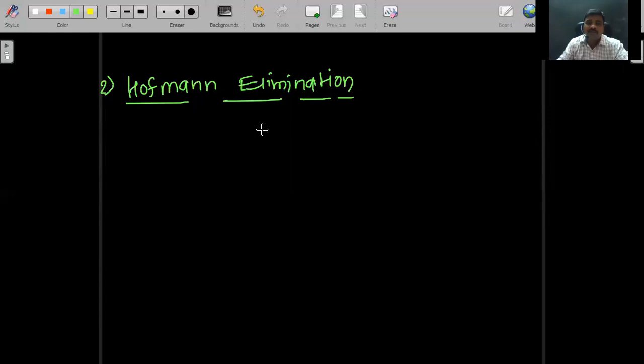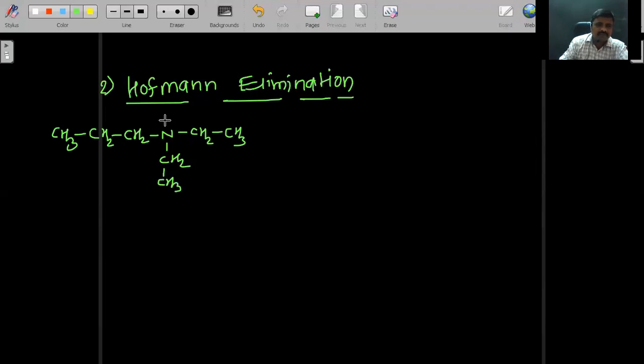So in Hofmann's elimination reaction, the reactant is a tetra-alkyl ammonium ion. Let me explain the reaction by taking one simple example: CH3CH2CH2N, with CH2CH3, CH2CH3, and also CH2CH3 attached.